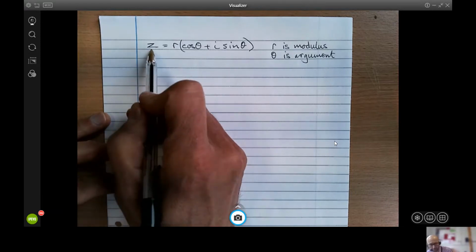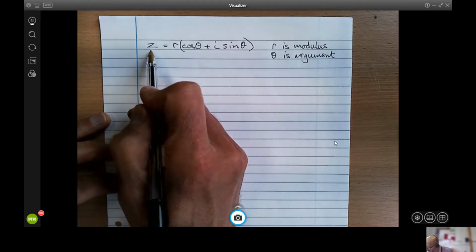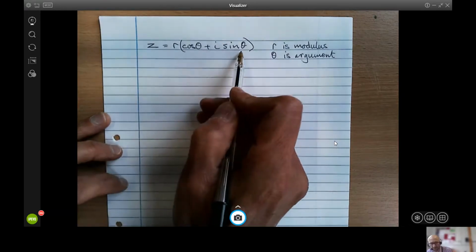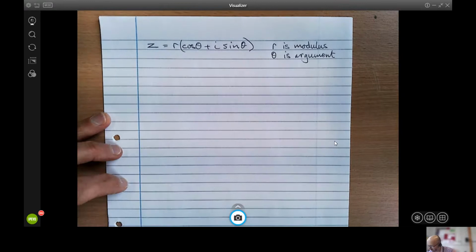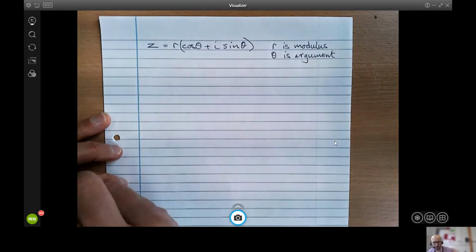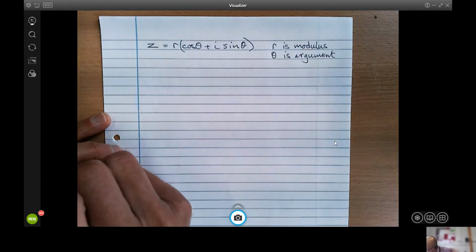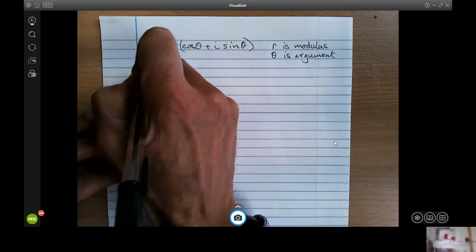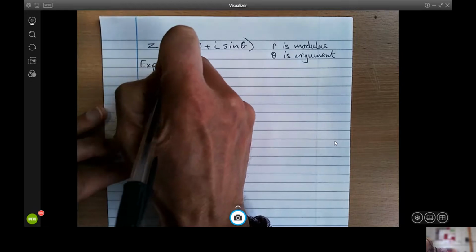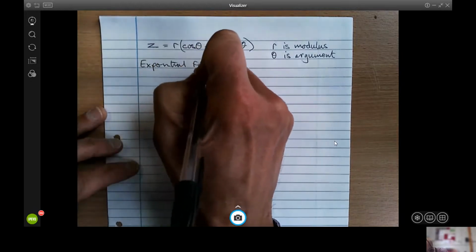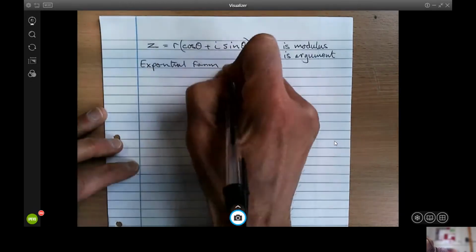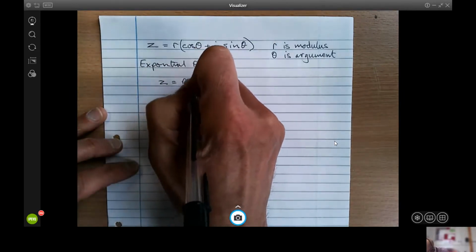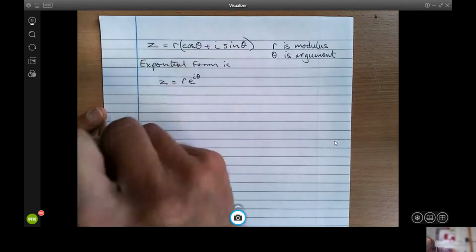Just a reminder that if we've got a complex number z, its modulus argument form is r times cos theta plus i sine theta, where r is the modulus and theta is the argument. And we're going to see that we can also write z in exponential form. So its exponential form is z is equal to r e to the i theta.